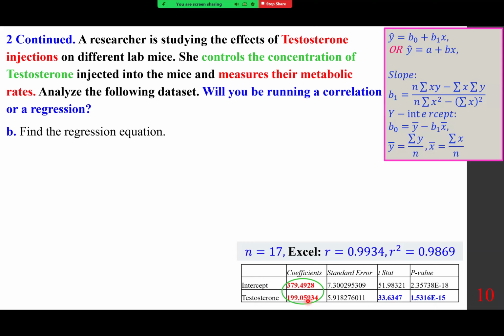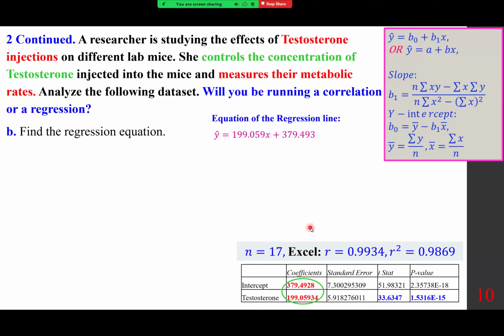The formula is y equals mx plus b, or a plus bx, or b0 plus b1x. So this is the slope, 199.05934, so 199.059, we stop at 059x plus 379.49, we stop at 2, we make it 3. That is the regression equation.